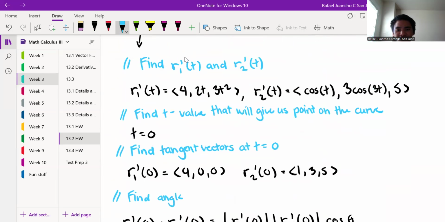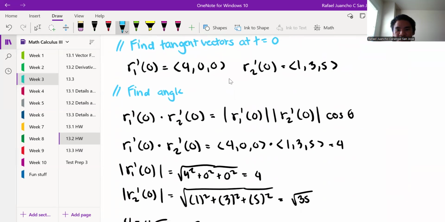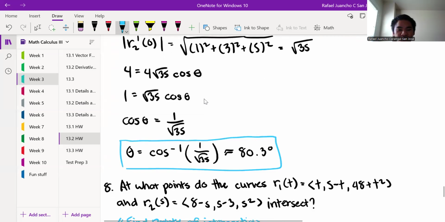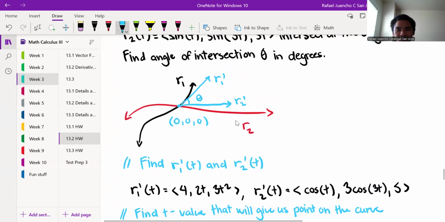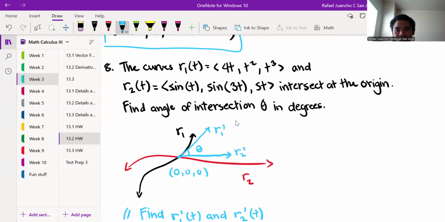We get their derivatives at that point, where they intersect. And then we plug in their parameters, 7 and 1. And then we find their angle. So it's a whole new step here that we're doing. That's the extra step.